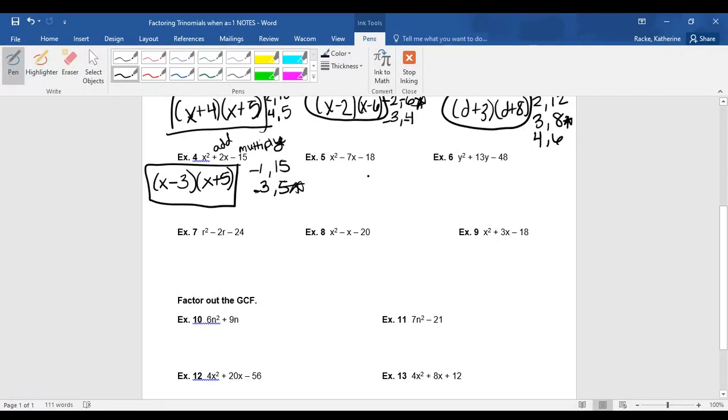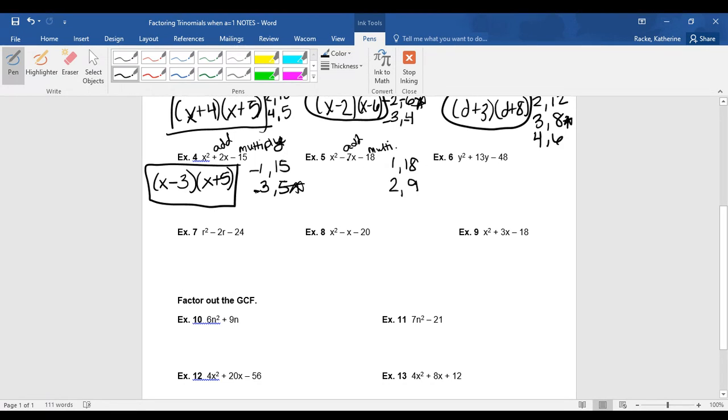All right, example 5. Two numbers that multiply to give us negative 18, and add to give us a negative 7. Let's see, 1 and 18, 2 and 9.